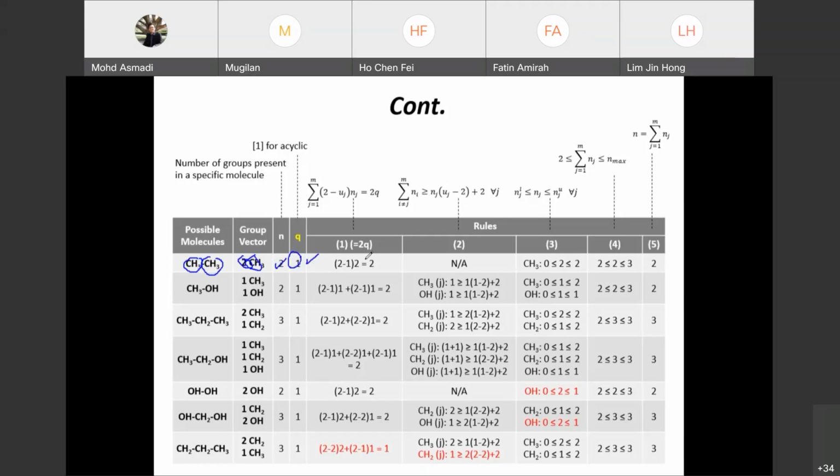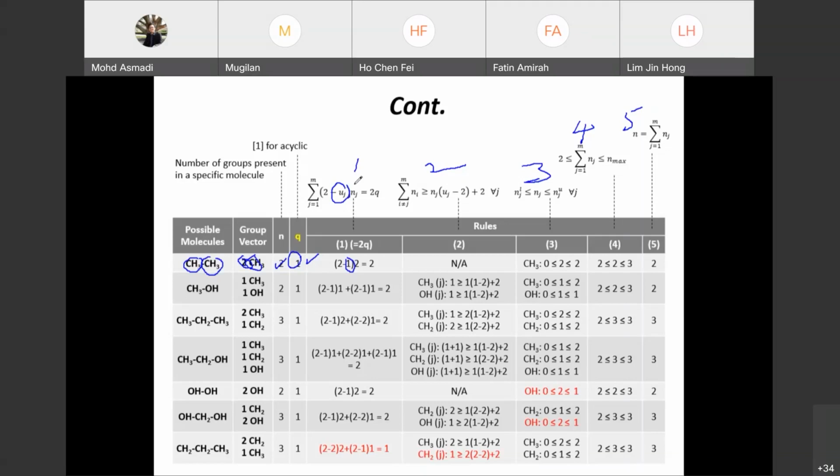So based on equation number 1, this is equation number 1, 2, 3, 4, 5, right? This one is the number of valence. CH3 has valence 1, because only one atom or one molecule can attach to CH3, like this one is CH3 and CH3.